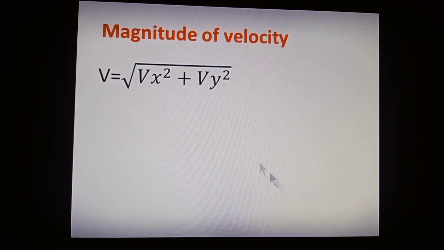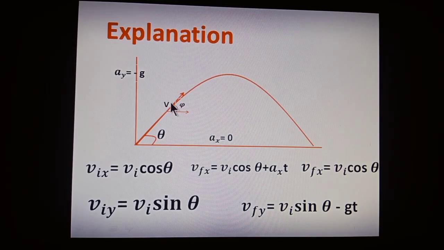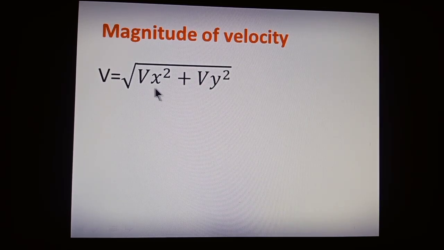Now students, the magnitude of the velocity at any time, here v, what will be v? That is equal to square root of vx square plus vy square. Square of the final velocity along x-axis, and square of the final velocity along y-axis under root.